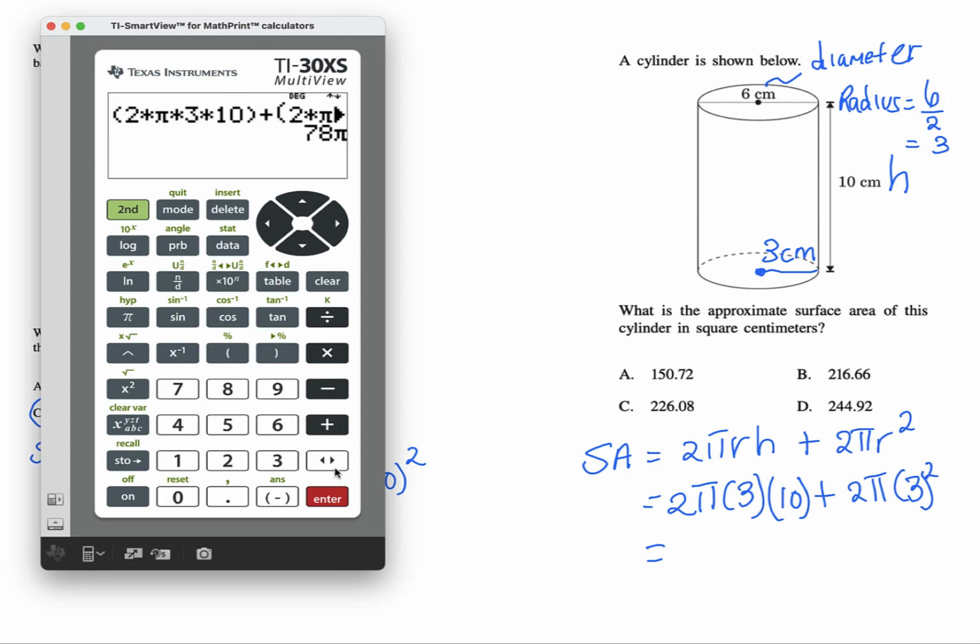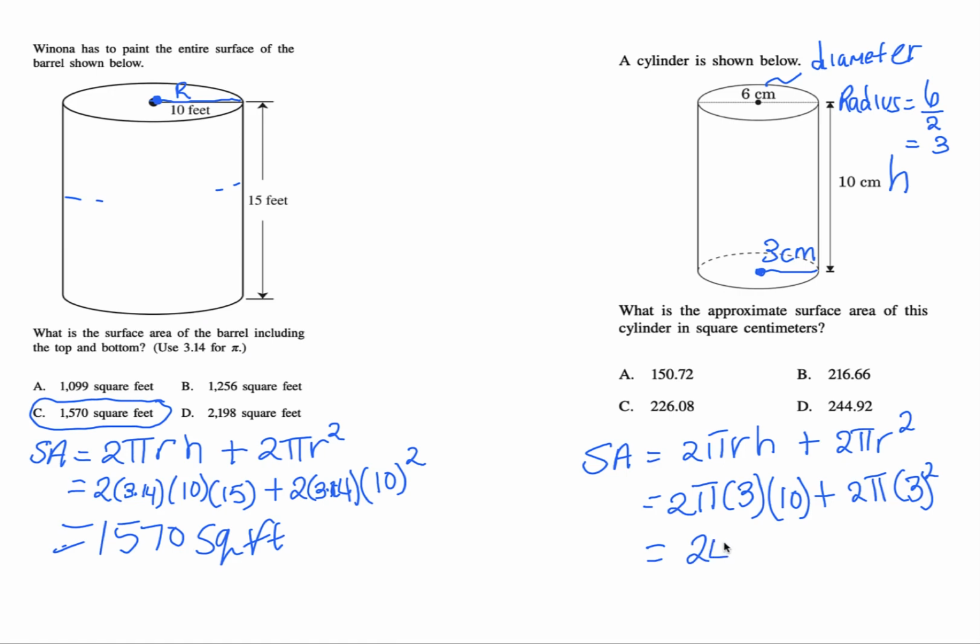Notice my answer is 78 pi. Then you're going to hit the toggle. So press the toggle and my answer is 245.04. Now because I use pi, my answer is 245. So if you look at who's closest, your answer would be D.